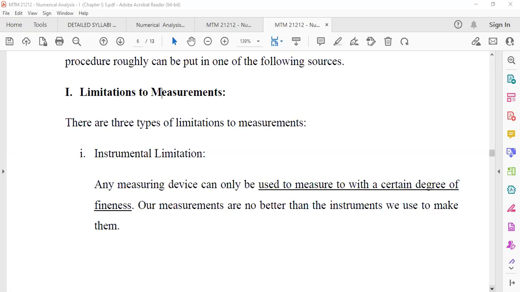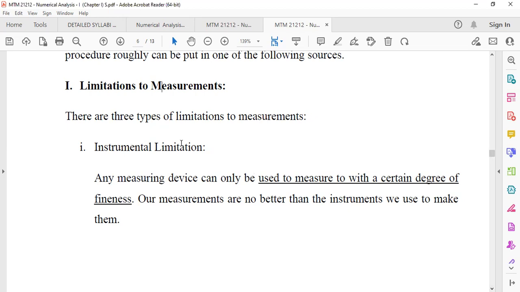So first one is instrumental limitations. Instrumental limitation means any measuring device can only be used to measure with a certain degree of fineness. So our measurements are no better than the instrument we use to make them.